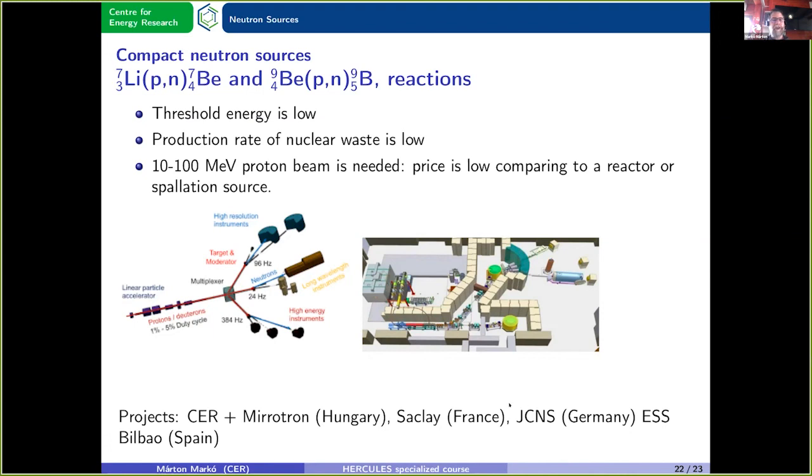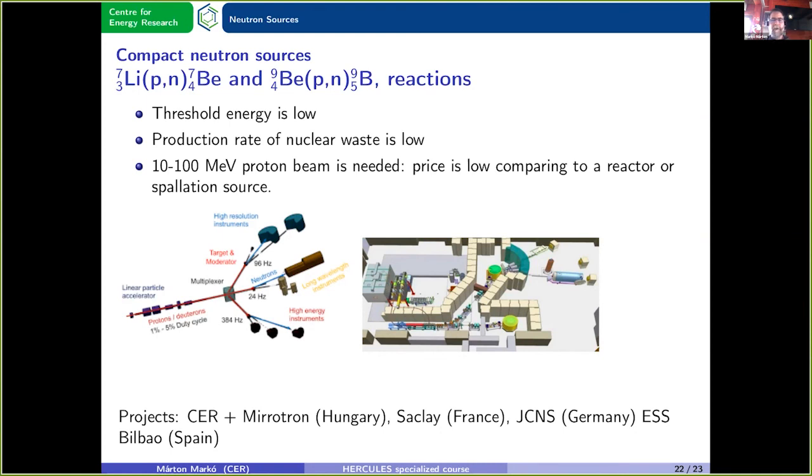There are some projects about building this kind of compact neutron source. One compact neutron source is actually under construction. It's in Hungary. It's our research center, and the Neutron company builds a very small one. It will use lithium, most probably.